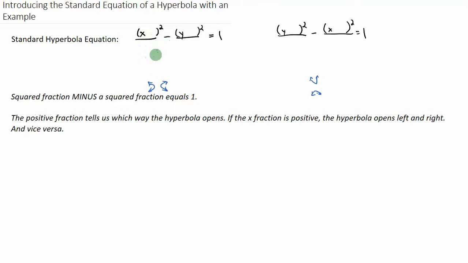Furthermore, the denominator of the x fraction gives us the horizontal distance. And of course that's squared as well, just like in an ellipse. So whatever number is under the x fraction is the horizontal distance squared, and whatever number is under the y fraction would be the vertical distance squared in each case.